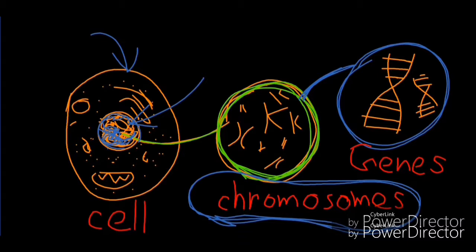The nitrogen bases in a DNA sequence form genes. So in the chromosomes, there are nitrogen bases in DNA sequences, and the nitrogen bases in a DNA sequence form genes.